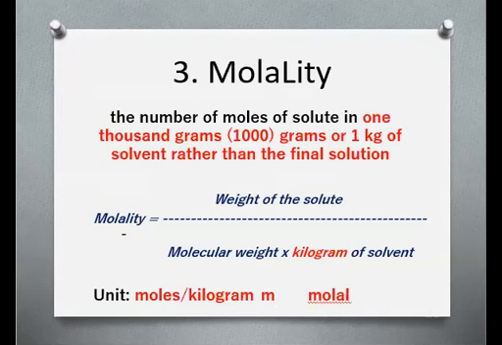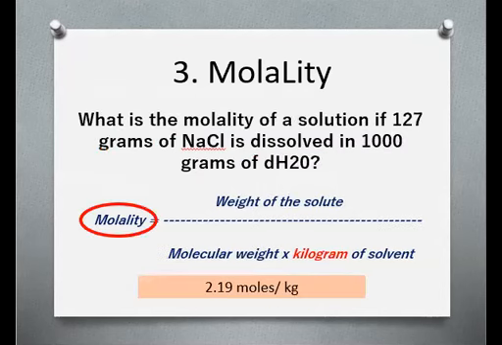Okay, so I'm giving 2 problems for this one because it's almost the same with molarity. So what is the molality of a solution if 127 grams of NaCl is dissolved in 1,000 grams of distilled water? We use this formula and just plug in the values.